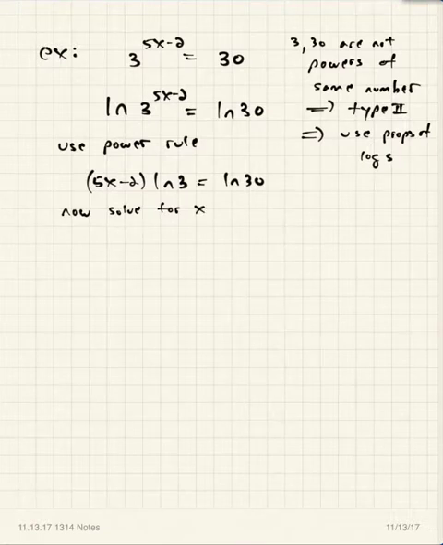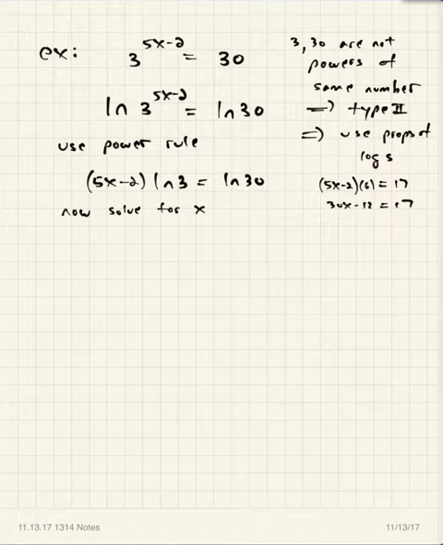Now to solve for x, think about it: if you had an equation like 5x minus 2 times 6 equals 17, let's say, what would you do first probably to solve that equation? You'd probably multiply through by 6, get 30x minus 12 equals 17, and then solve the equation. Well, that's what we're going to do here.